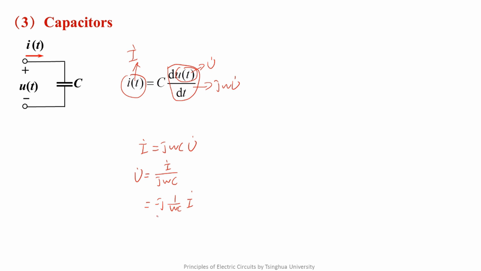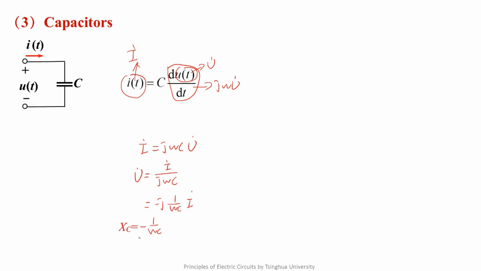Similar to the discussion on inductors, minus 1 over omega C is called the capacitive reactance. The part of 1 over omega C represents the same block function as the inductor. In order to differ from resistor, we call it reactance. The minus sign here means that it's different from the inductive reactance.